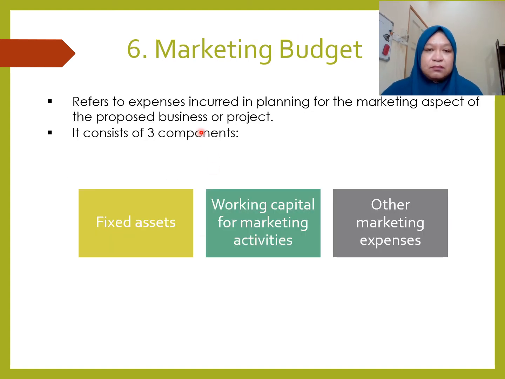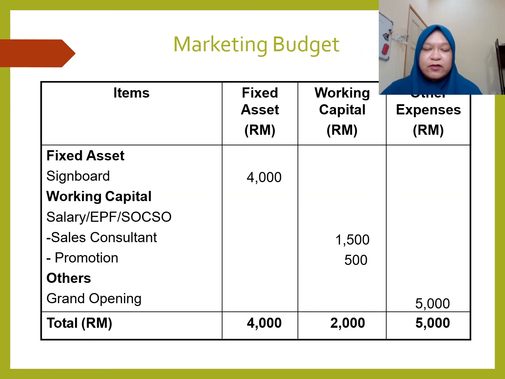For example, fixed asset, for example the signboard. Working capital, for example the promotion. Usually the salary we put into the admin budget, so don't put the salary here, but put it in the admin budget. And others, for example the grand opening, you put under other expenses.